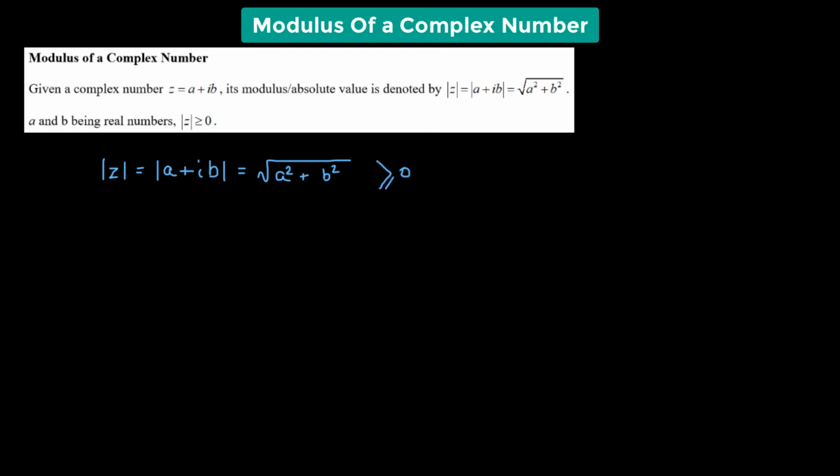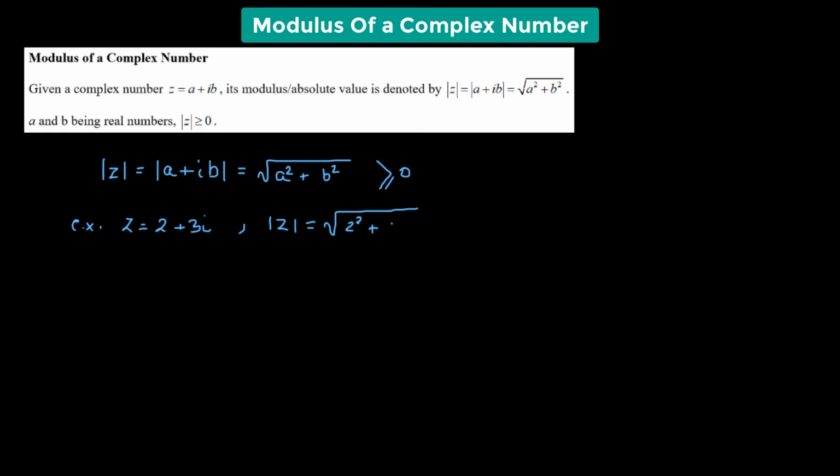Let's take an example. Let's say we have a complex number z given by 2 plus 3i. Then the absolute value of this complex number z will be simply equal to the square root of the real part, which is 2, squared, added to the square of the real number associated with the imaginary part, which is 3, so that is b.